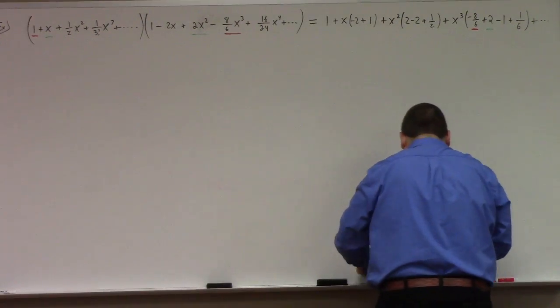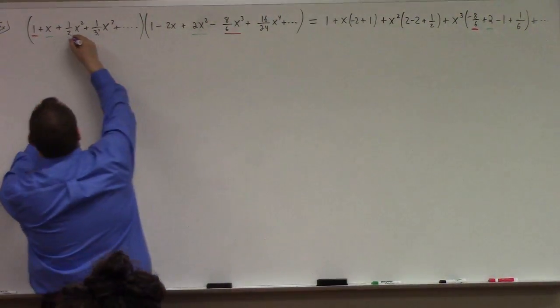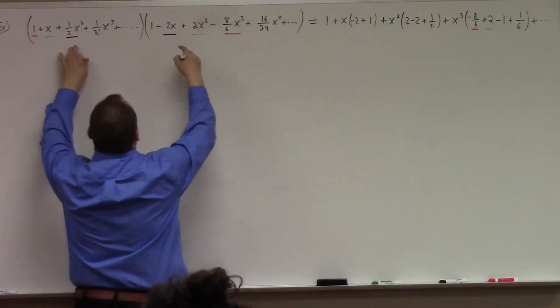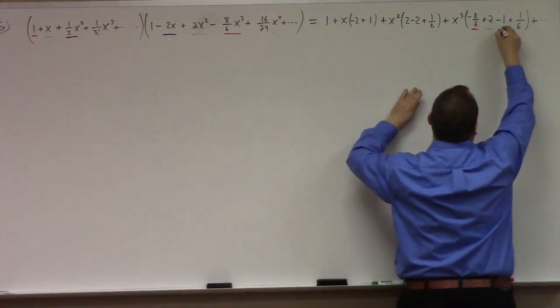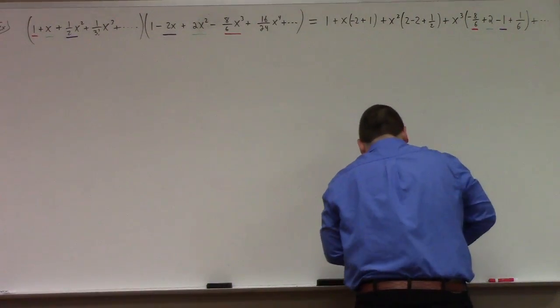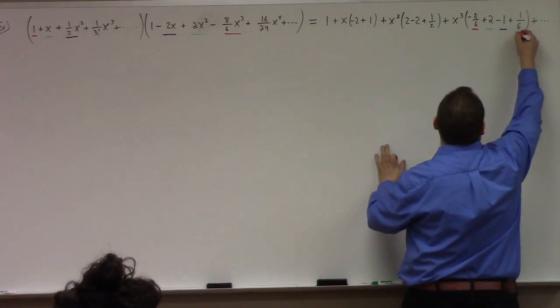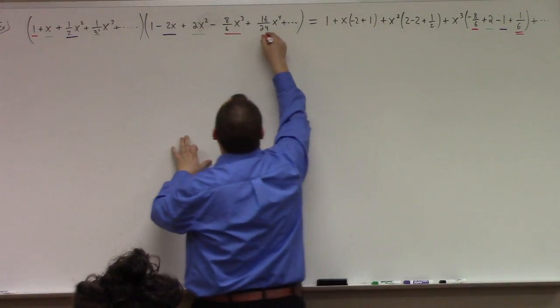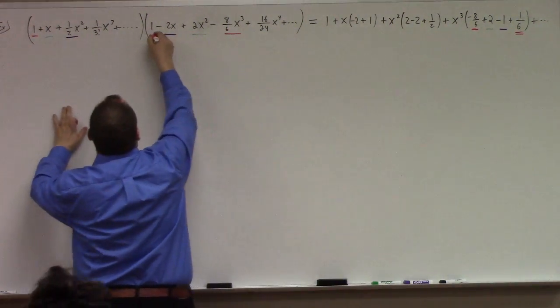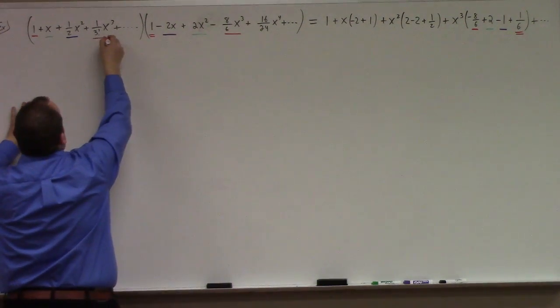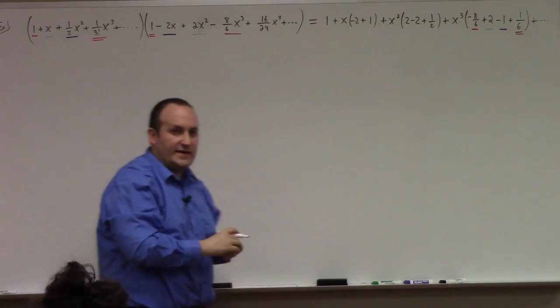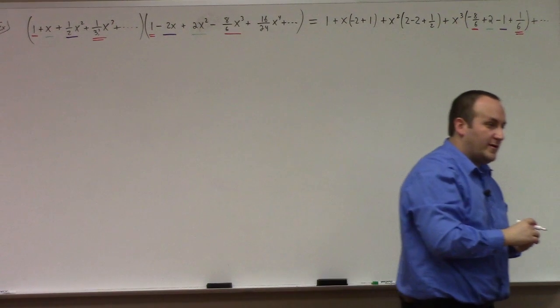I did 1/2 x squared times minus 2x. That gives me the minus 1. And finally, the 1/6 is coming from this one times that one. Those are the different ways I can obtain cubic terms from the product of these two series.